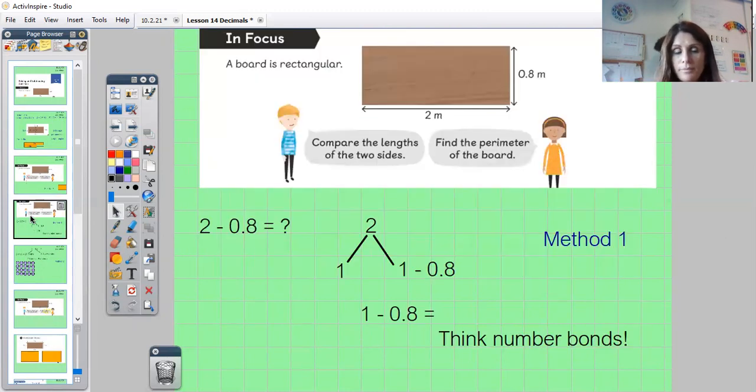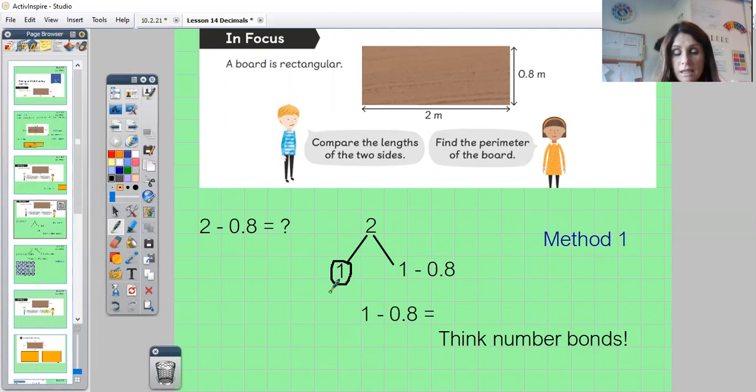Okay, here's method 1. What we could do is we could split our 2 into 1 and 1. Okay, so we've got 1 and 1 because that's our 2 whole numbers. So we're going to keep this one as 1. We're not going to do anything to that. So we'll put a little bubble around that to protect it. And then this one here is the one that we're going to use to take 0.8 away.